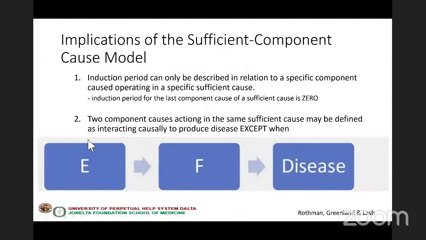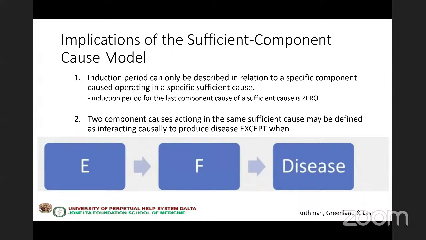Let's see. So what are the implications? The induction period can only be described in relation to a specific component cause operating in a specific sufficient cause.